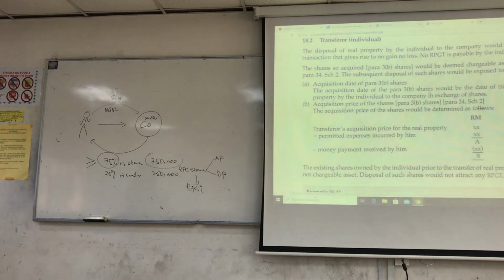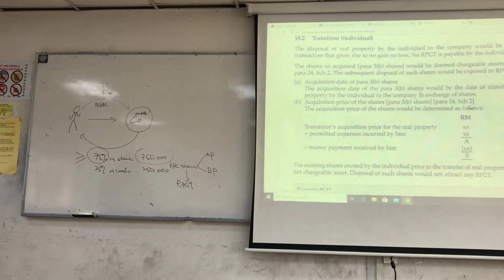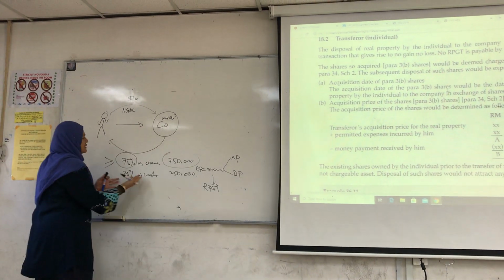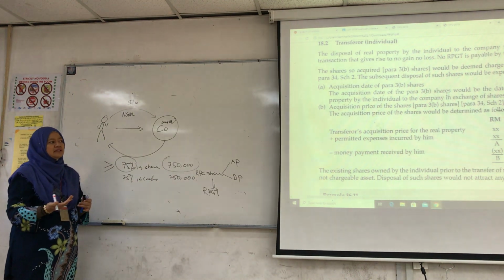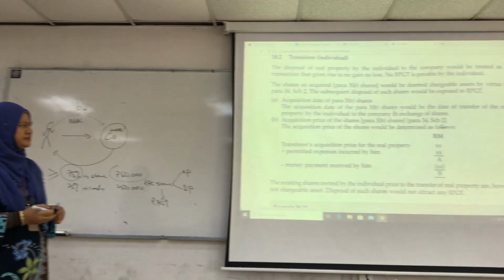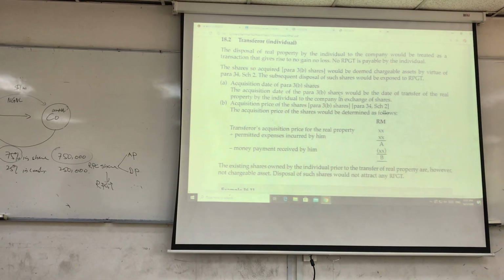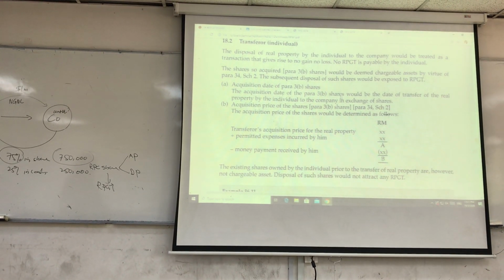How much is the acquisition price of the shares? Of course, in this case, the shares that you get are valued at 750,000. But is it the acquisition price? The law says that the acquisition price of the shares will be determined as follows. The transferor's acquisition price for the real property, not the 750,000.